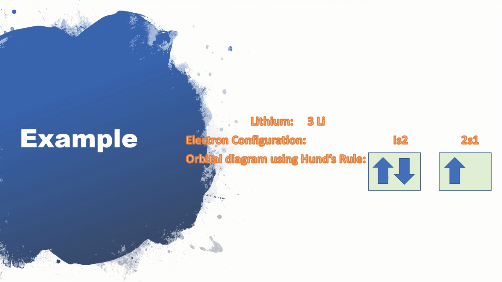The total number of spins inside the box is also the total number of electrons, or the atomic number of an element. So if you count the number of spins inside the box, you have 1, 2, and 3. The atomic number of lithium is also 3, and so is the number of electrons.